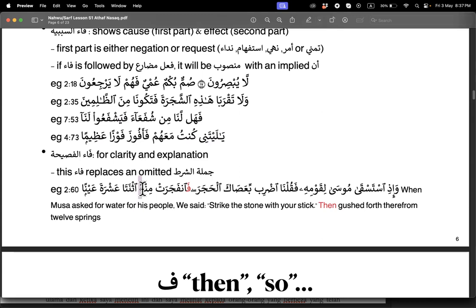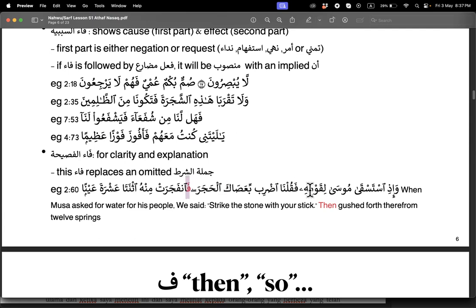So, without thinking in Arabic, just in English, what happened here? They say that this fa fasiha means there is an omitted jumlah shart here, right?